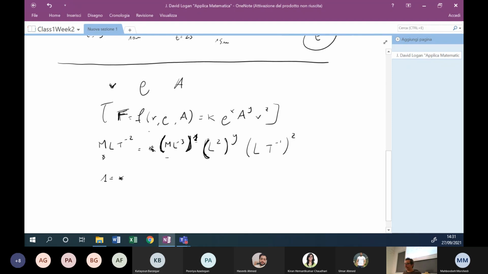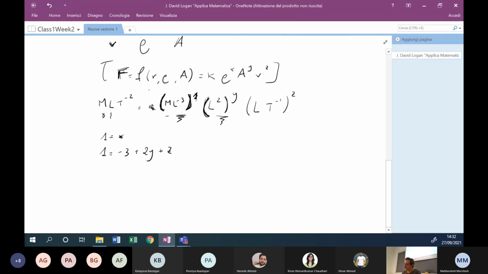Okay, now let's calculate what happens for L. L on the left-hand side has power which is again 1. On the right-hand side, I have now power minus 3 from here, and then I have plus power 2y from here, and then I have power z. And finally, I have t.